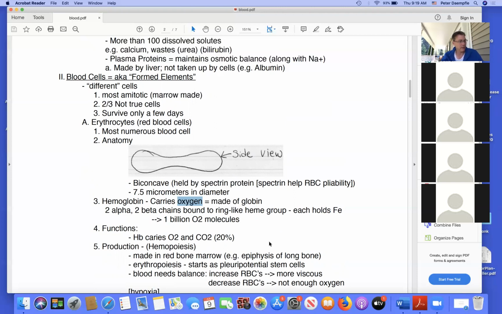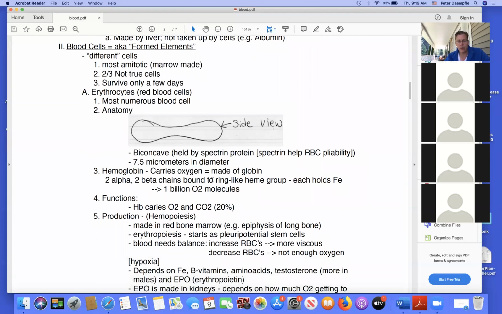Okay, the structure of hemoglobin we've gone over when we did organic chemistry way back. And if you remember, there's a ring-like heme group inside, each holding an iron molecule. That heme group carries one hemoglobin carries 1 billion oxygen molecules.